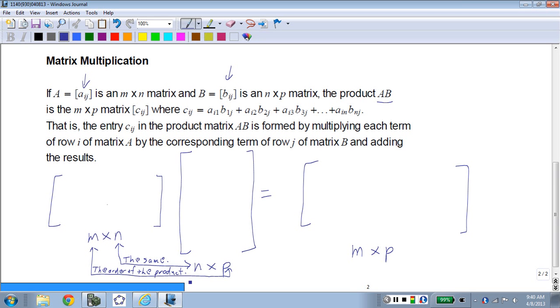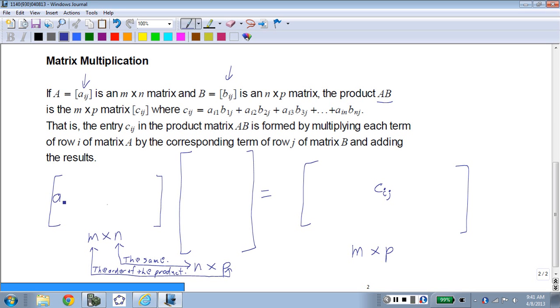So how do we get a single entry in the product matrix? Let's say a single entry in row I and column J, the entry C sub ij. In order to come up with that particular entry, we have to take an entire row of the matrix on the left. And specifically, it's row I of the matrix on the left. So if we have row 1, row 2, work our way down to row I, what does that look like?